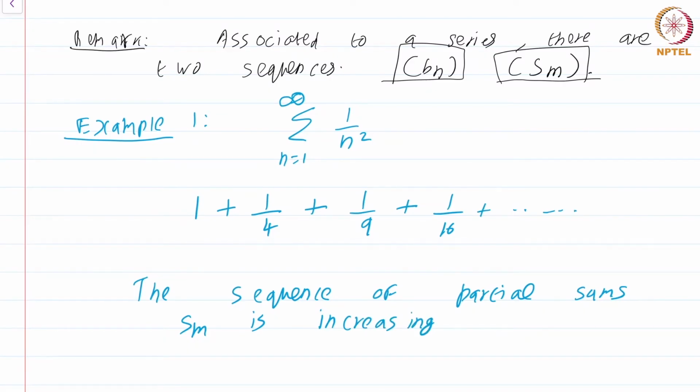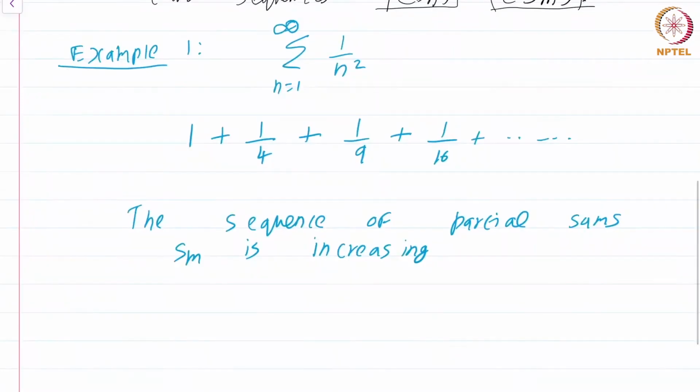It's nothing special about this series 1 by n squared. Any series in which you have the nth term bn greater than or equal to 0 always will have this nice property that the sequence of partial sums will be increasing. Now a light bulb should flicker over your head. If a sequence is increasing, then it is convergent if and only if it is bounded above. That's the monotone convergence theorem.